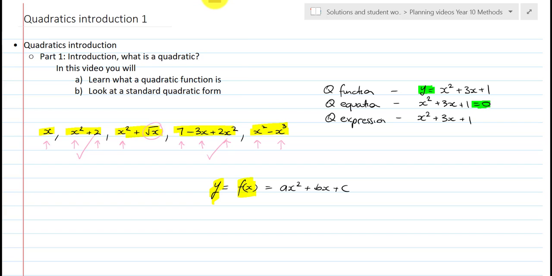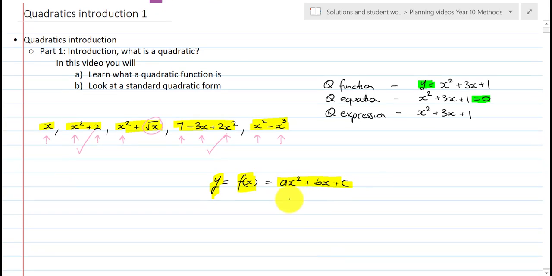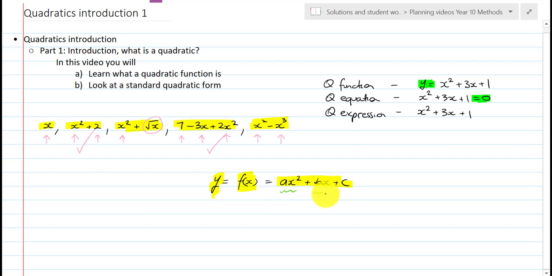A quadratic function or equation or expression can be written in this form, and it's really the simplest form. The important thing about this form is it identifies that there are 3 terms possible within a quadratic. So it's got an ax squared plus bx plus c. This is the constant term. This is the linear, and this is the quadratic term.